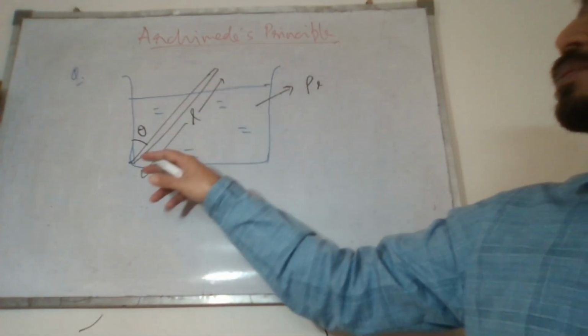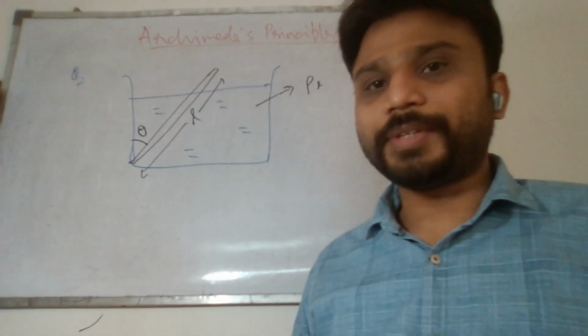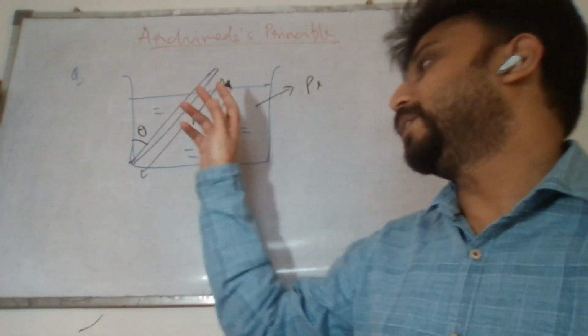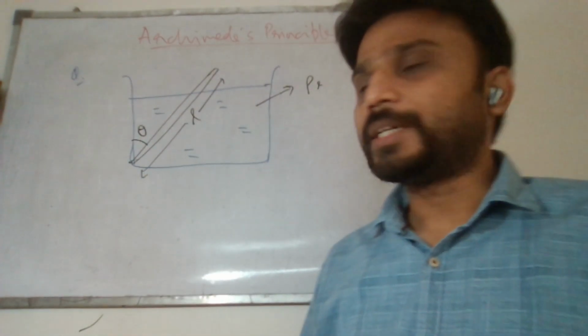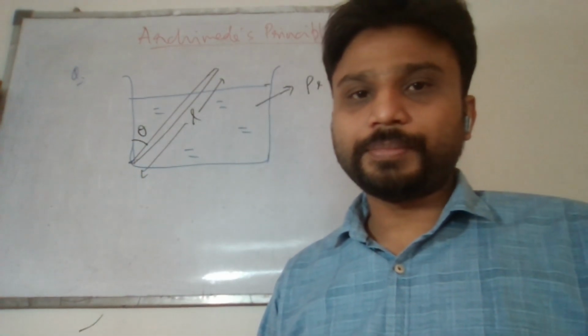So how is this rod basically resting here? You can imagine a lot of ways. You can say that this rod is hinged at this point, and the angle it is making is theta, and the density of the liquid is rho L.